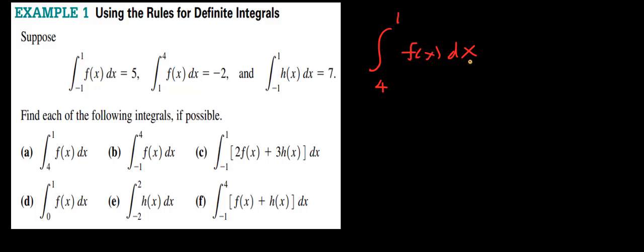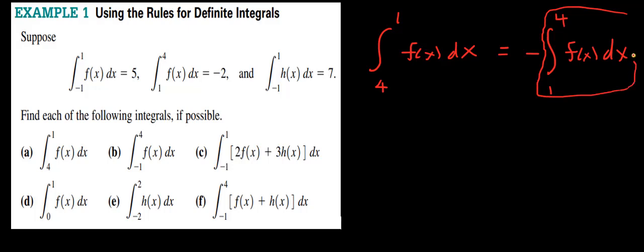Well, you know that this is the same thing as the negative integral from 1 to 4 of f of x dx. And this portion right here is given. That's -2. So this is going to be negative times -2, which is going to be +2.